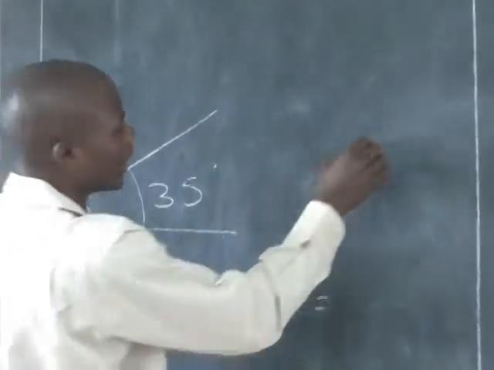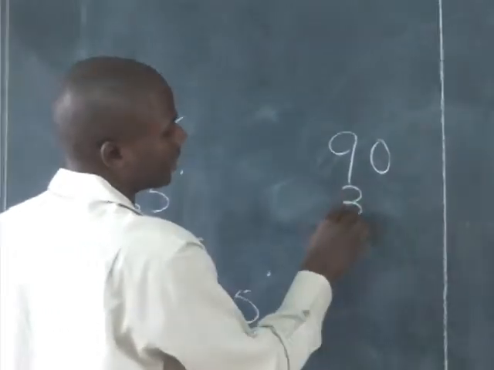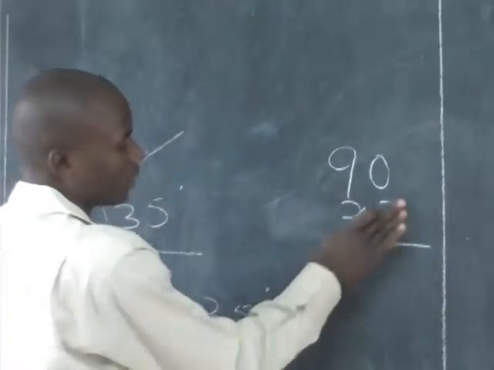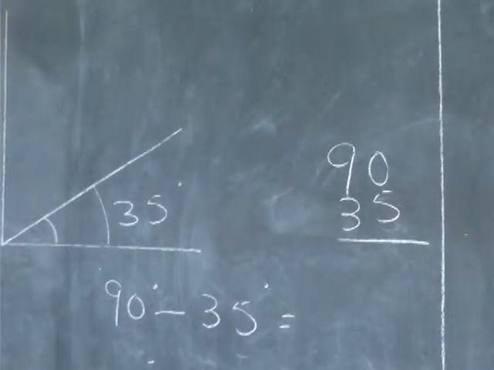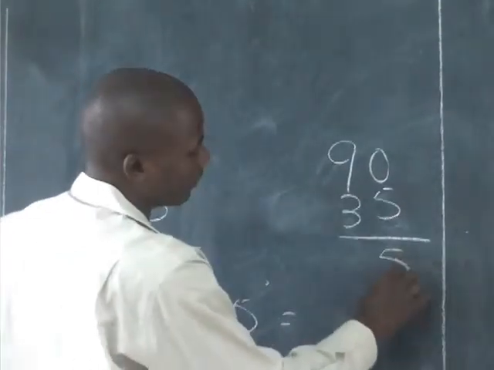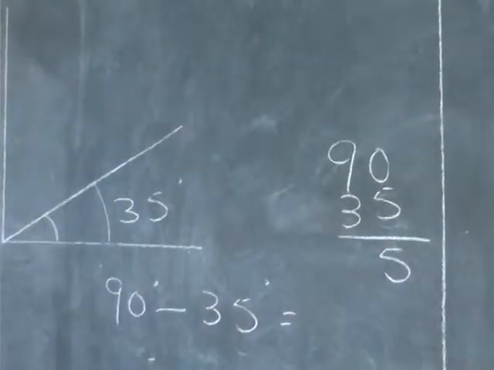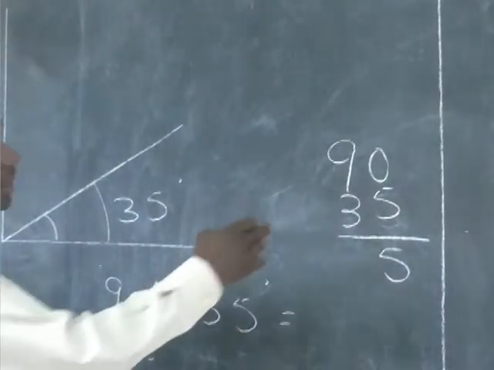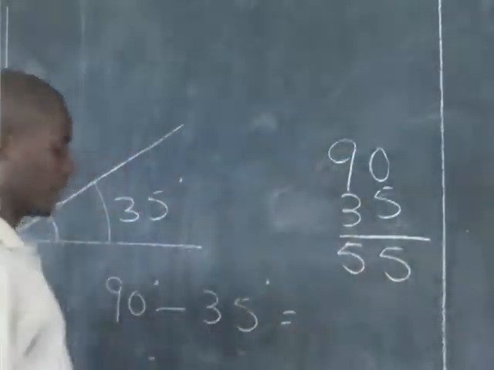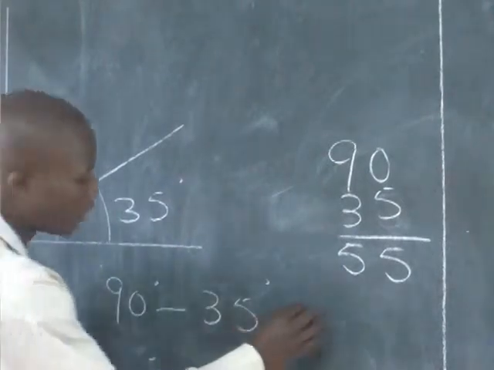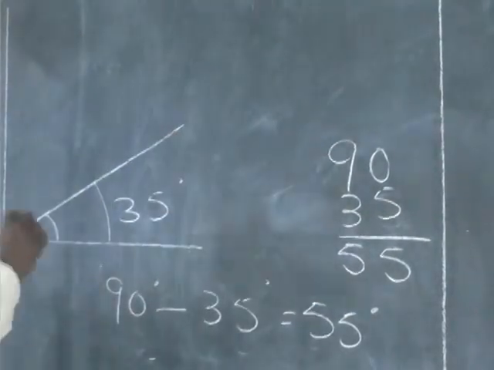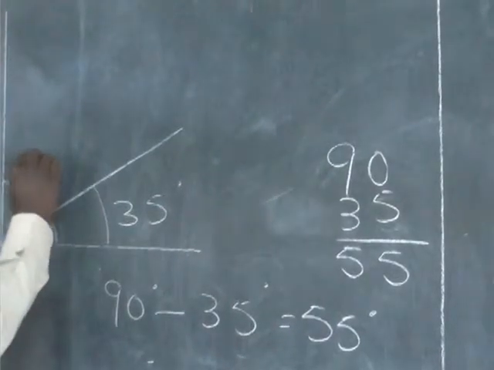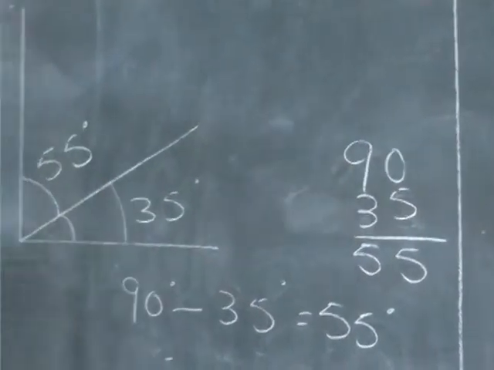You say 90 minus 35. You take it in this direction for easy calculation. 10 minus 5 is 5, remainder 8, and this is 5. Therefore, we shall have 55 degrees. Therefore, this angle here is 55 degrees.